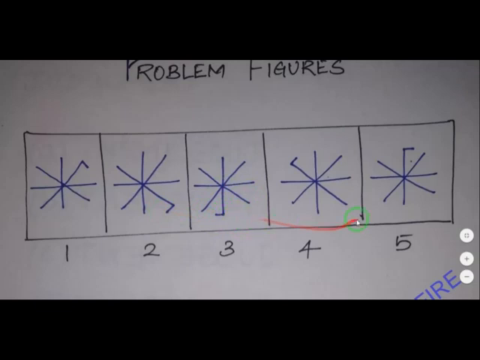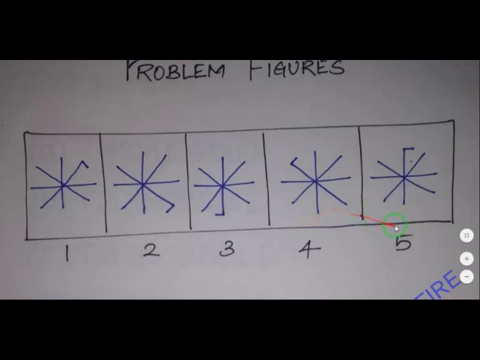In the fourth image, there are two lines in between the third image and the fourth image. So two lines are coming in between, so you put a 2 for this.